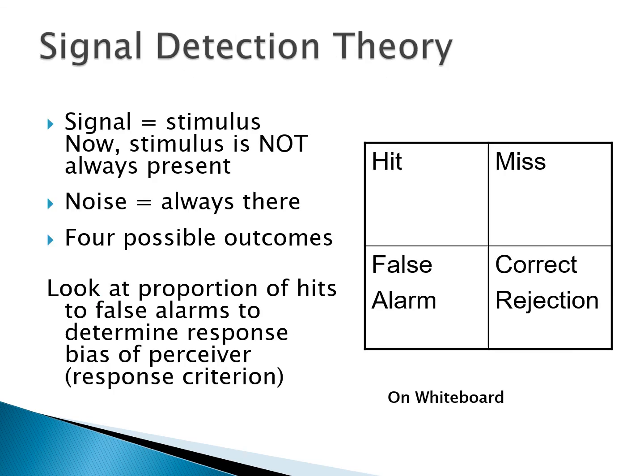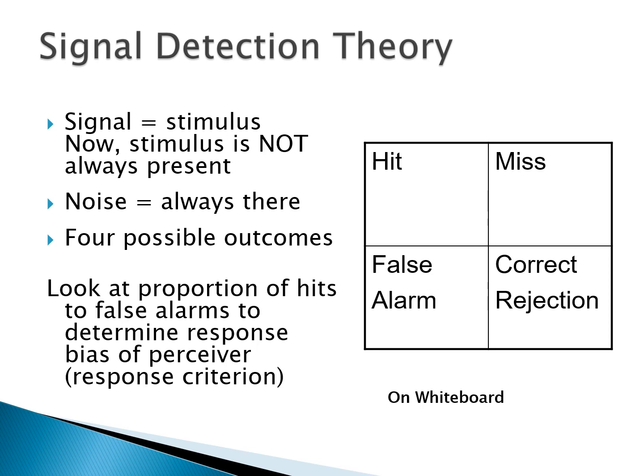So if I want to measure an individual's absolute threshold, so I want to know whether or not someone needs a hearing aid, I really probably don't want to use Fechner's classic psychophysical methods, because we know that people's motivation differs so much. So with a signal detection kind of method, now the stimulus is not always present.